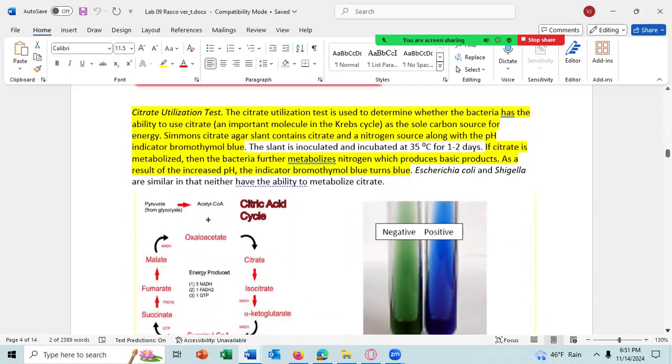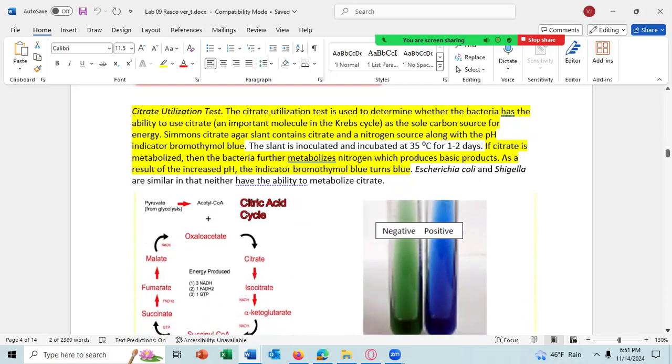If not, let's move on to the citrate utilization test, the last of the IMViC tests. Citrate utilization is used to determine if the bacteria have the ability to use citrate as the sole carbon source in the tube, meaning in the citrate media, the only carbon source comes from citrate.